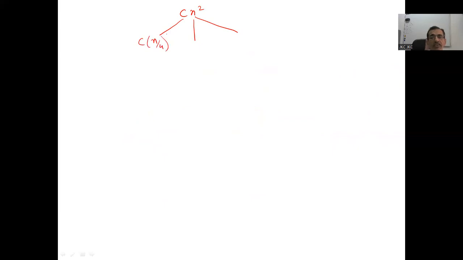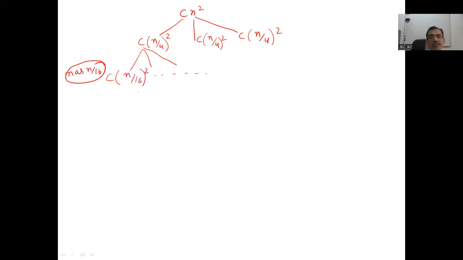So it is C of n by 4 squared, C of n by 4 squared, C of n by 4 squared. Next, there are going to be 3 calls where n becomes n by 16, so this will become C of n by 16 squared, and like this.